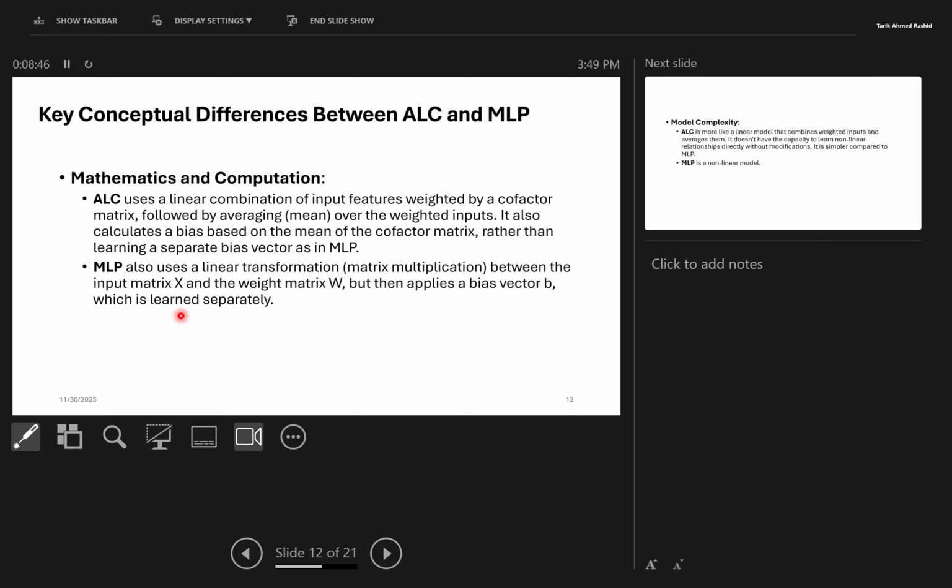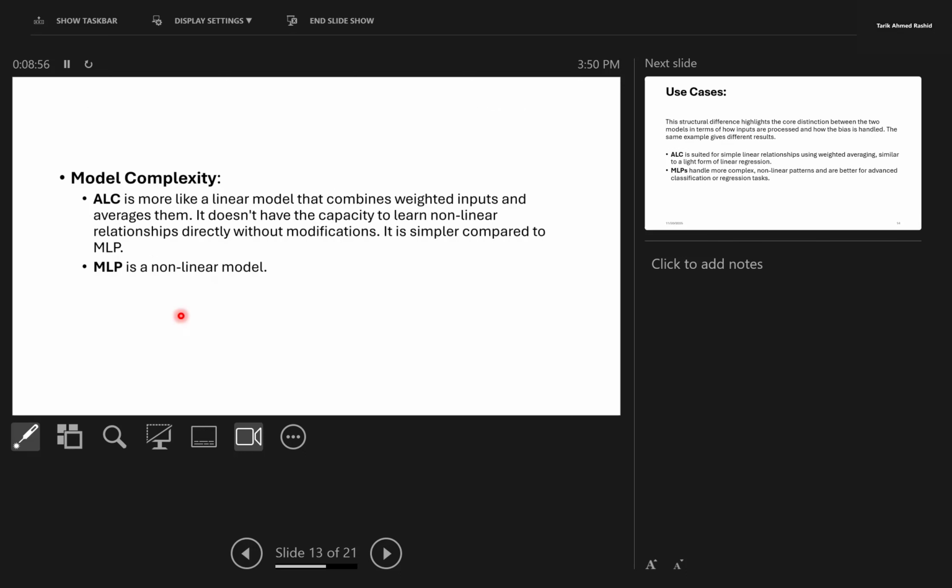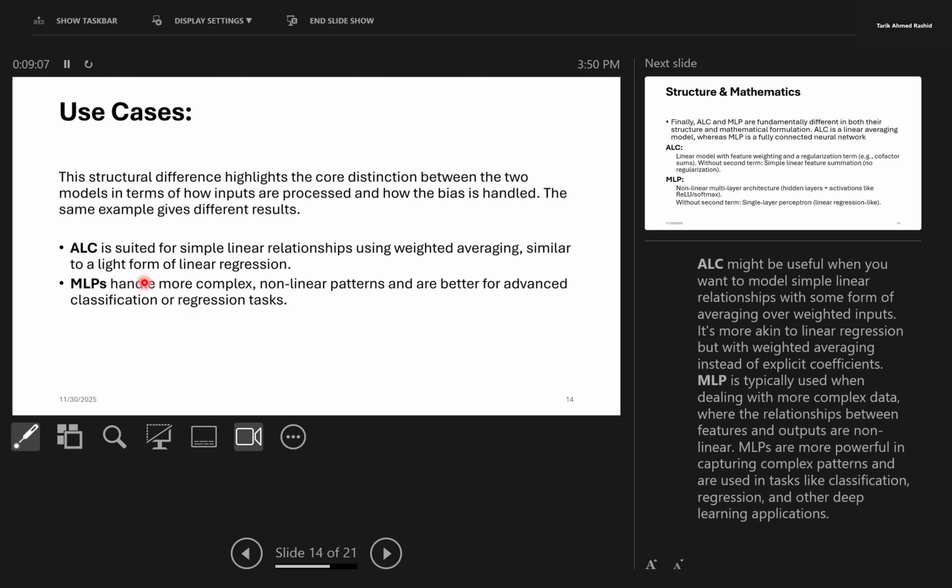MLP also uses a linear transformation, matrix multiplication between the input matrix and the weight matrix. As for model complexity, ALC is more like a linear model that combines weighted inputs and averages them, while MLP is a nonlinear model.